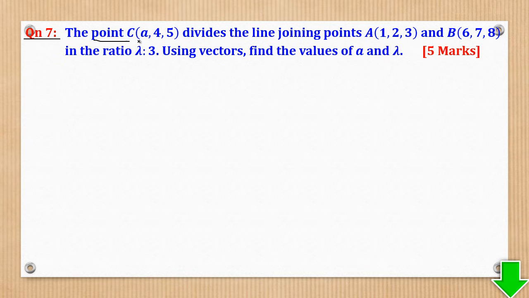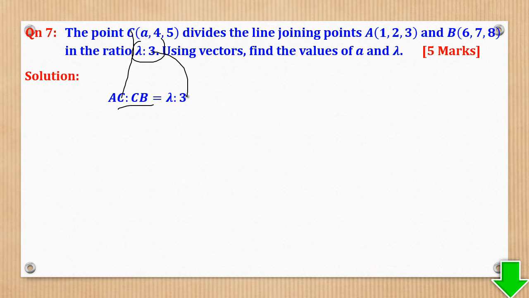Question 7 says, the point C is this, divides the line joining points A and B in the ratio lambda to 3. Using vectors, find the values of A and lambda. So if C divides, it means that the ratio of AC to CB is equal to lambda to 3.